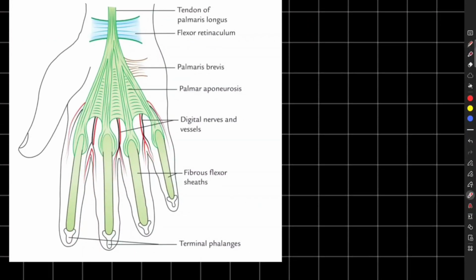Okay. Now, in the palmar aponeurosis, the term palmar aponeurosis is basically used for the entire deep fascia. But to be precise, for the restriction, we could say that it's the central part of the deep fascia, which covers two things.